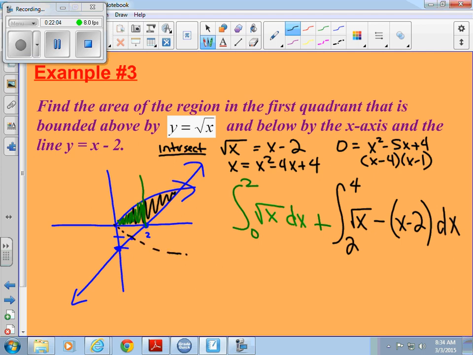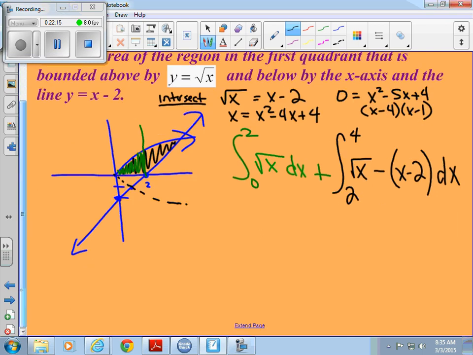When you squared, you lost that it was the positive, right? So it's giving you that weird intersection right there that is completely meaningless to us. But that's what it's giving. All right, so I get x to the 3 halves times 2 thirds.